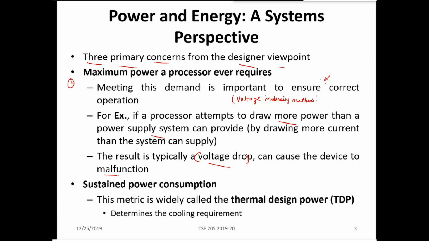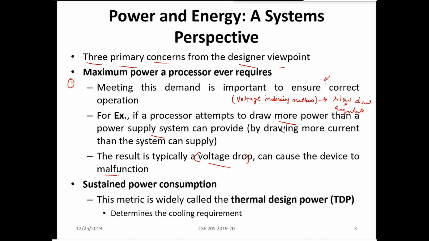If there is any voltage drop or something happening, it will slow down the processor and accordingly start to regulate. This helps out. The computer designers have provided many things, and one of them is this voltage indexing method. Voltage drops can be avoided with the help of that.